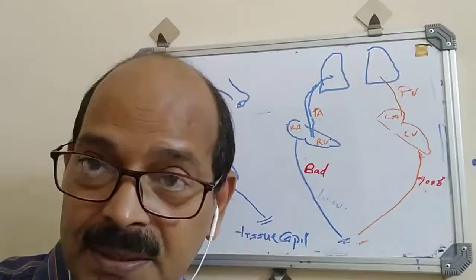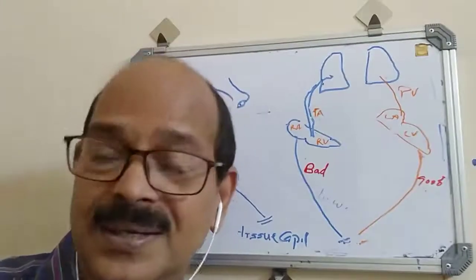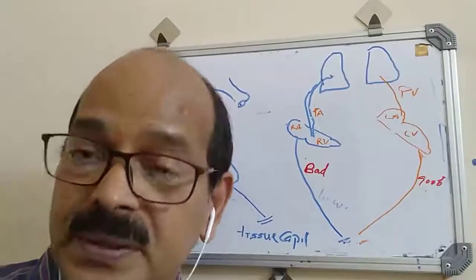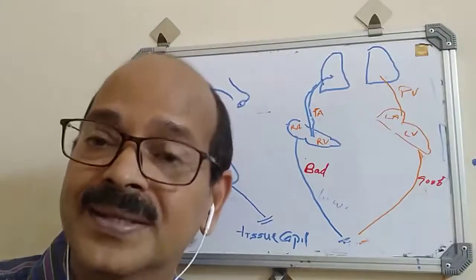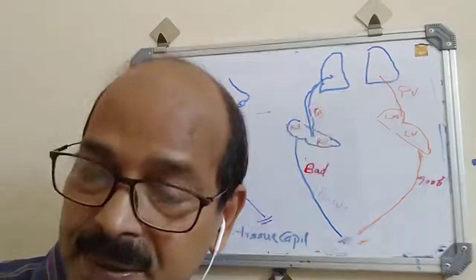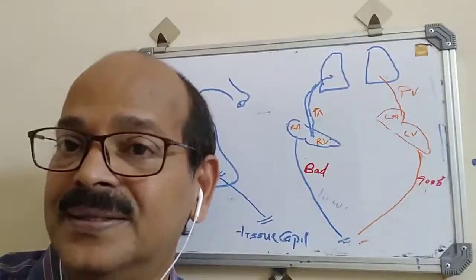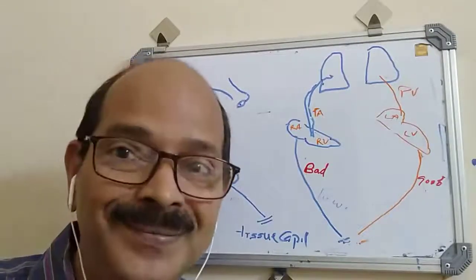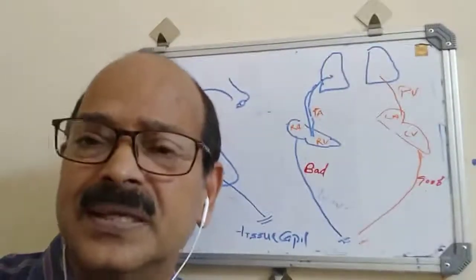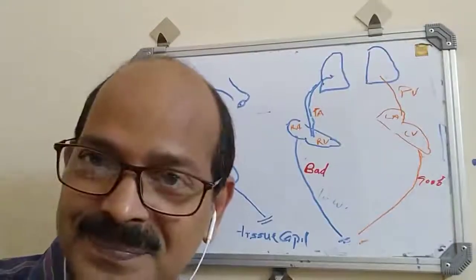So there are innumerable examples of individual cyanotic heart diseases where this can happen. One of these criteria is like this. There is another group where the entire system is mixed up.